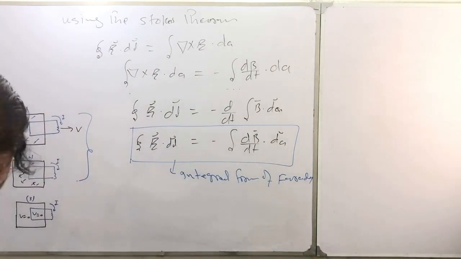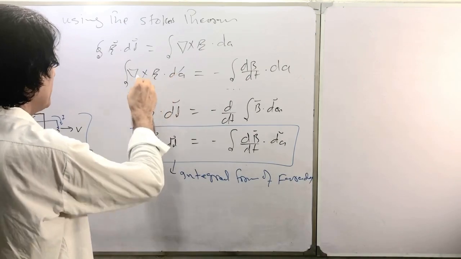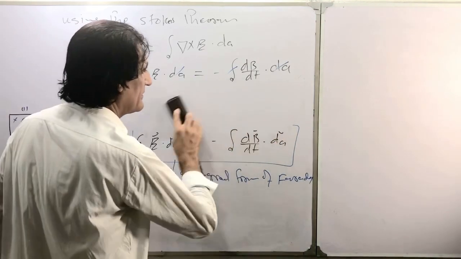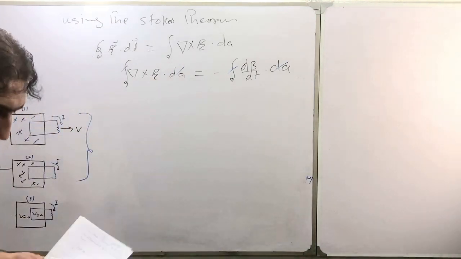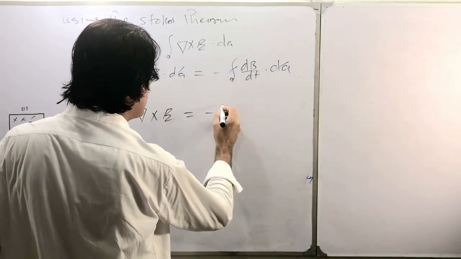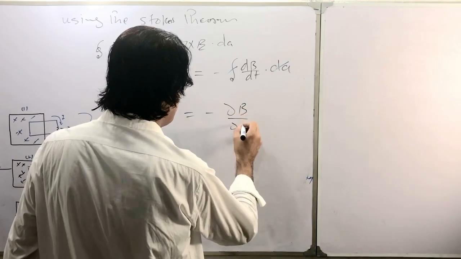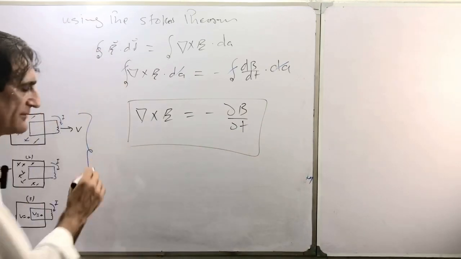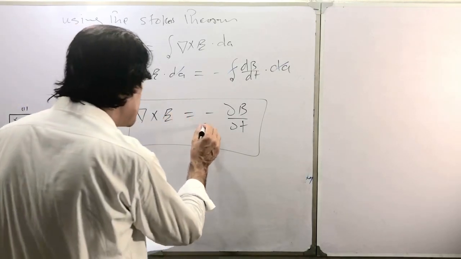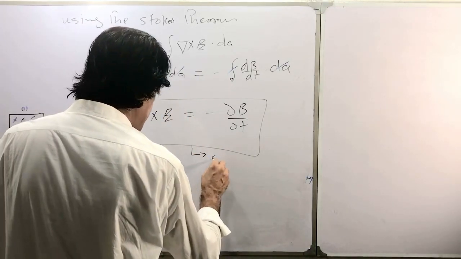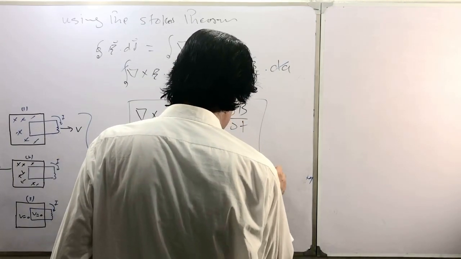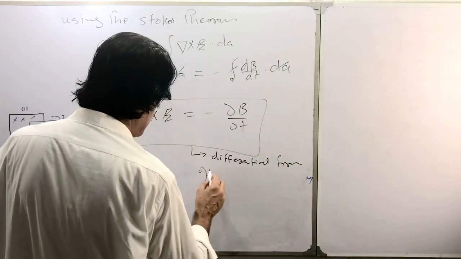From this we can remove the integrals, and we get ∇×E equals minus ∂B/∂t. In differential form, we write the partial derivative. This is the differential form of Faraday's law.